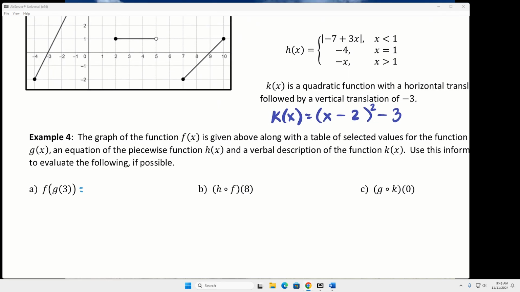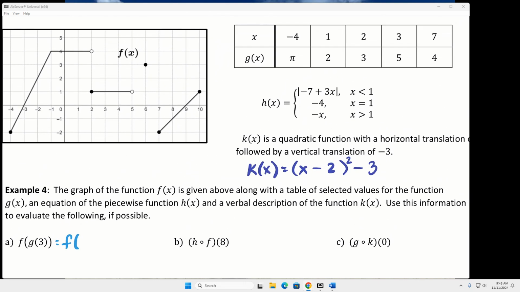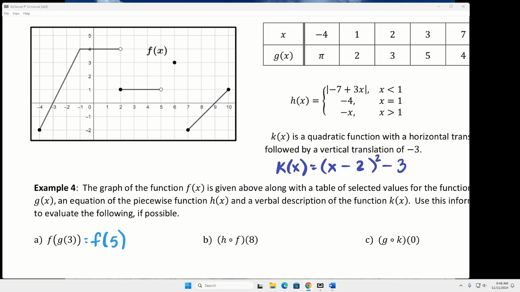All right, so we're going to do f of g of 3. So f's going to hang out for a second. G of 3, we are going to go to the table of values, that is g. And g of 3 is going to be 5. F of 5, we're going to go to the graph and find the value of the function when x is 5.